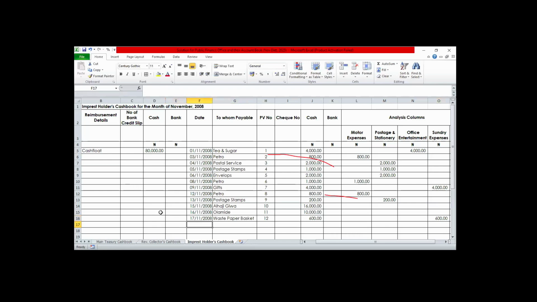Okay, the next one, November 18, purchase of stationery, 4,000 naira.